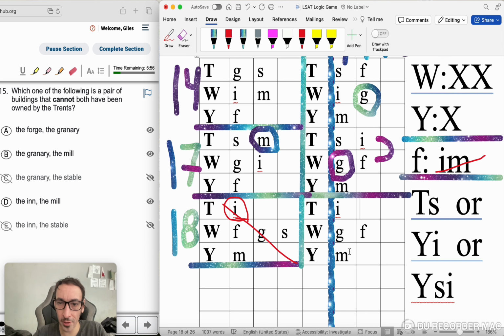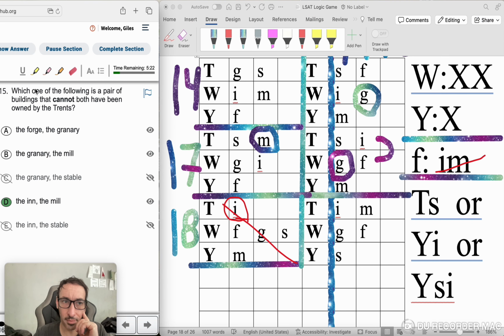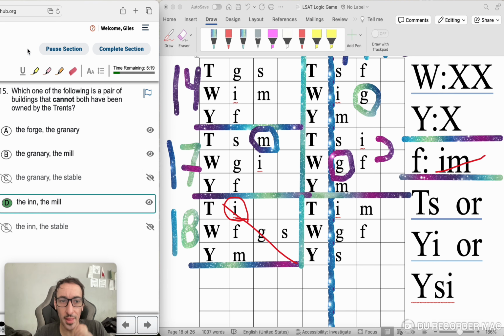I'm going to put I and M here, and the letter S. So T owns the I, and Y owns the S. And to be honest with you, this is not going to work out at all with the I and the M. Because if T owns the I, that means it also has to own the S as well, and that's not going to happen. So let's go ahead and choose choice D. And the answer is D, the I and the M.